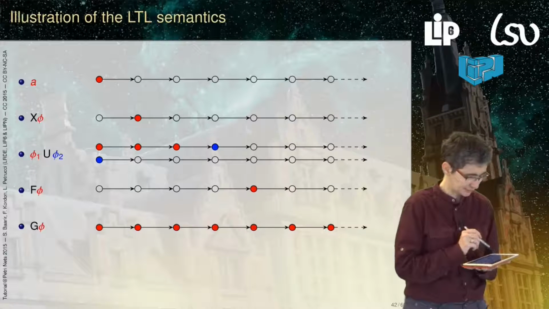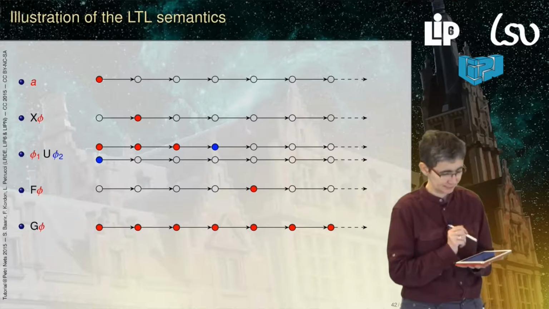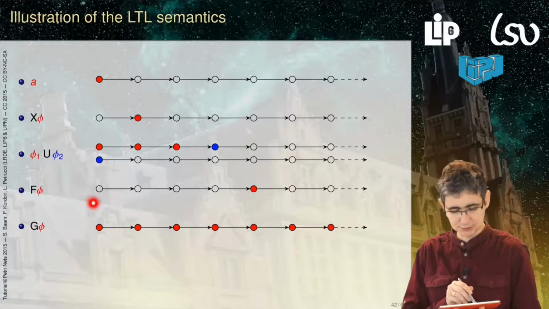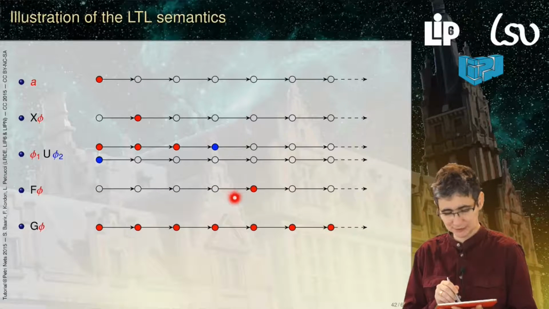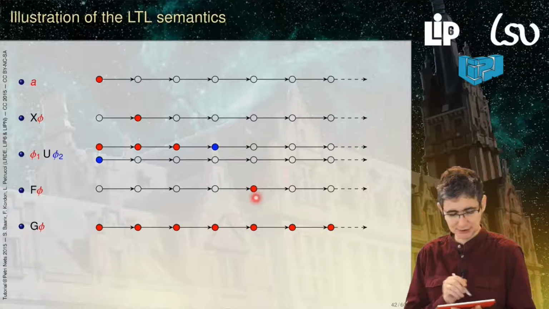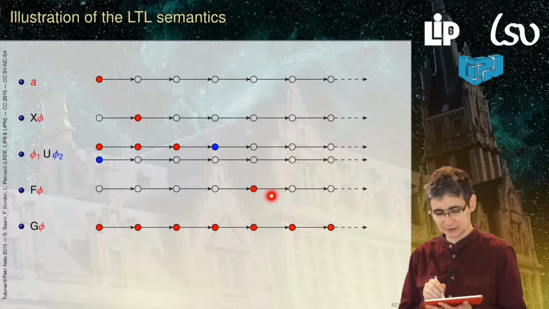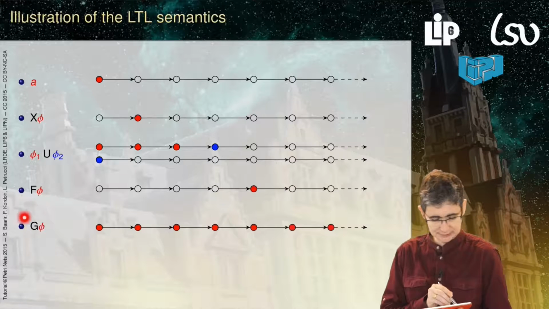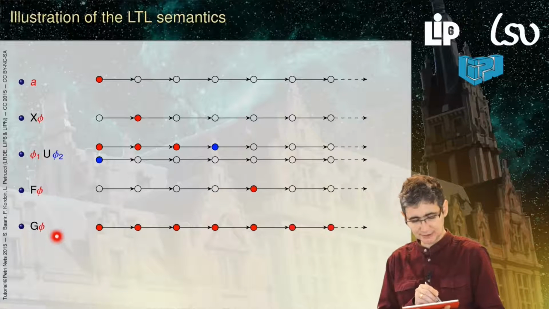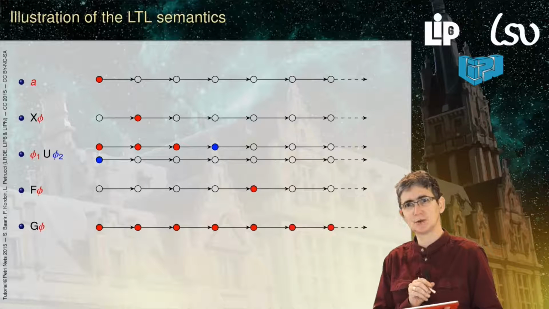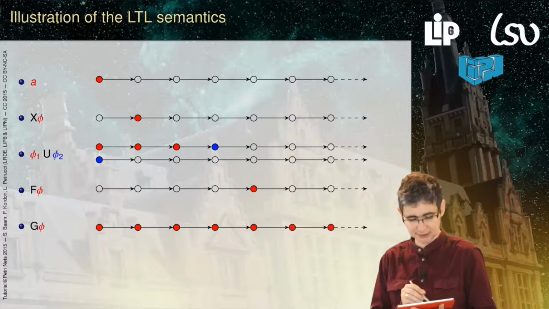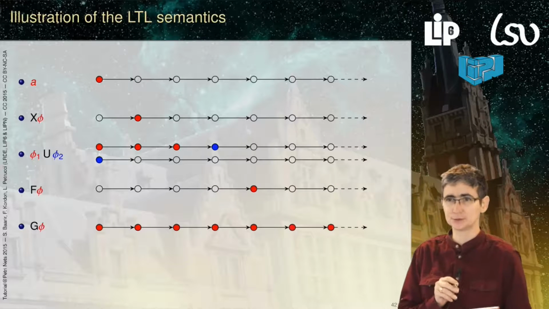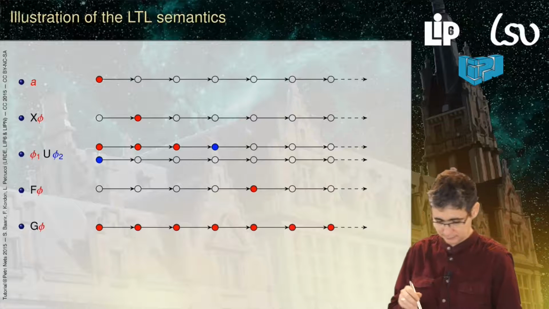For formula F phi, in the future I have phi satisfied, which consists in saying that true is true all the way until phi is satisfied. So sometime in the future I will have a state that satisfies phi. Finally, the last formula is globally phi, which means all states satisfy formula phi. As you can see, all states in the sequence are labeled with the formula phi, so they are pictured in red.